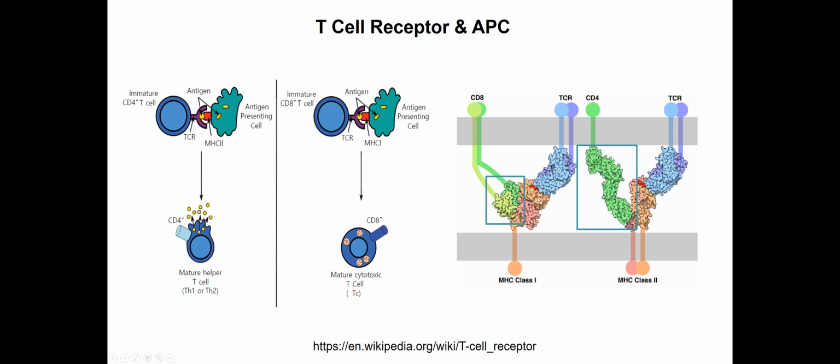If they recognize that this is not my MHC, then they may attack these cells. Okay, so this kind of system is the immune cell checkpoint. Immune cells' function is to attack foreign enemies, but at the same time, they should not attack our own cells, right? So that is happening through this kind of system.